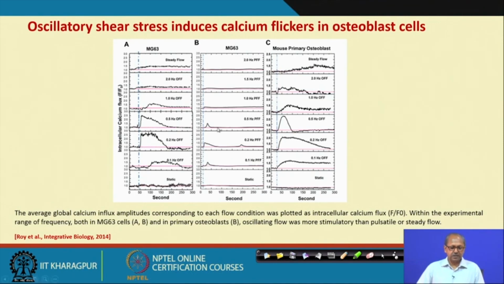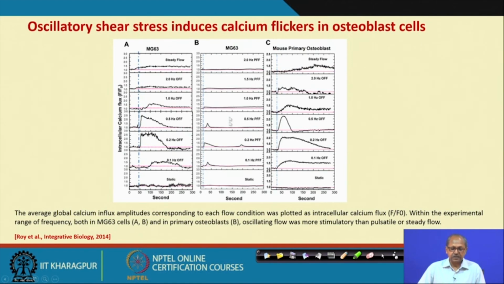If we go through the interpretation of the results, we are plotting seconds on the x axis, around 300 seconds over which we are capturing the images, and on the y axis the intracellular calcium flux, meaning F by F0, what I discussed. If you see in the case of MG63, if we give oscillatory fluid flow at 0.2 Hz, then the flicker concentration in terms of intracellular calcium flux is very high.